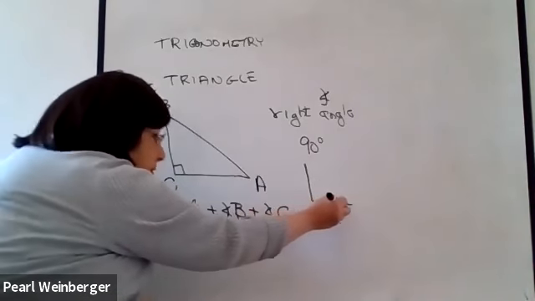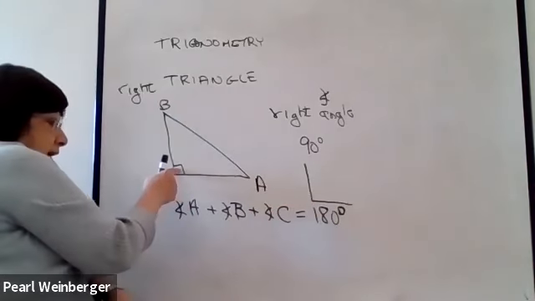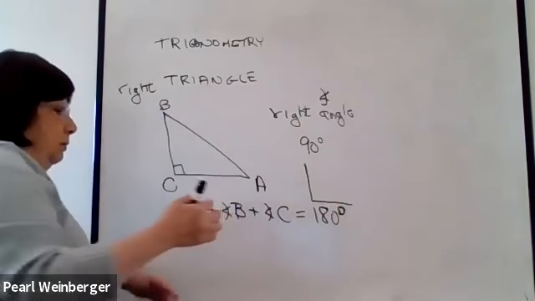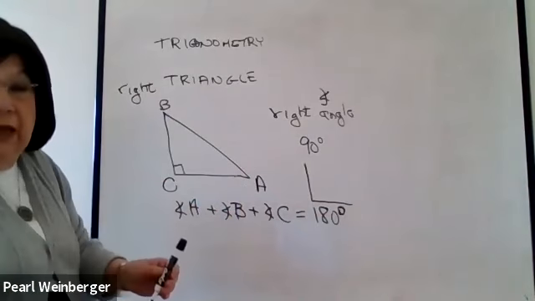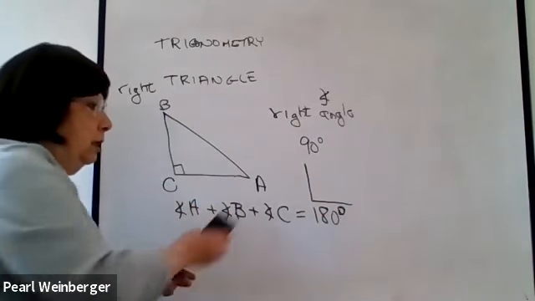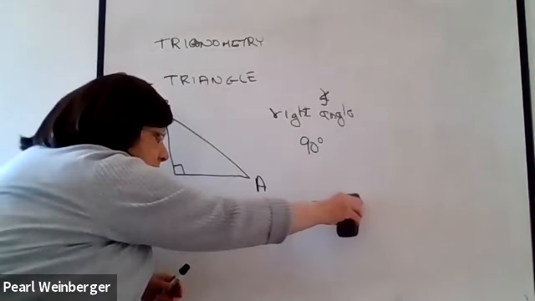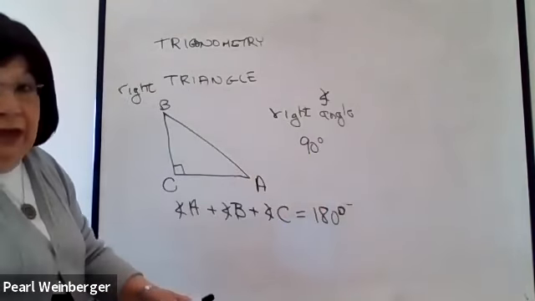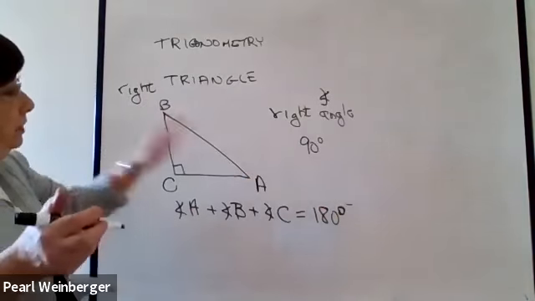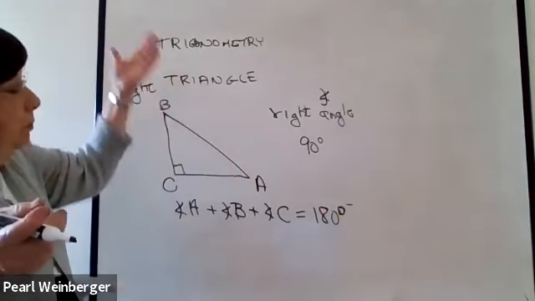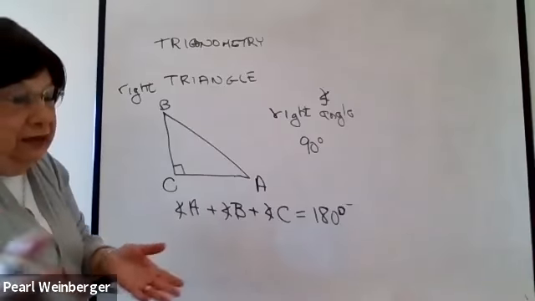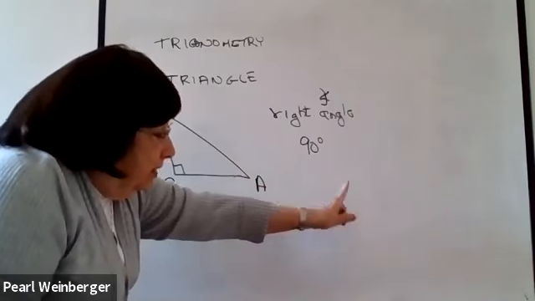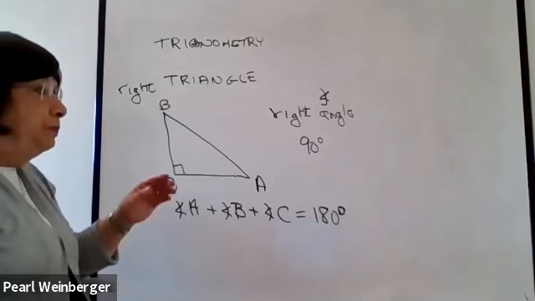This is actually a symbol for angle. So one of the angles we know is 90, so the other two together add up to 90, because all three of them are going to be 180. And if that's the case, obviously neither A nor B can be bigger than 90 because together they're adding up to 90. So the biggest A could be is, say, 89 degrees. It can't be bigger than that, or 89 and some, but it can never be up to 90.